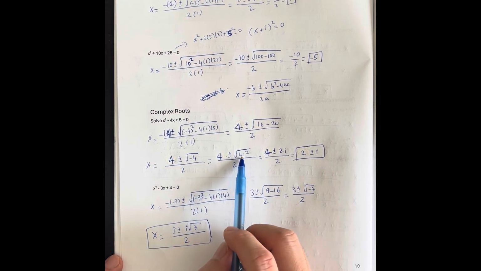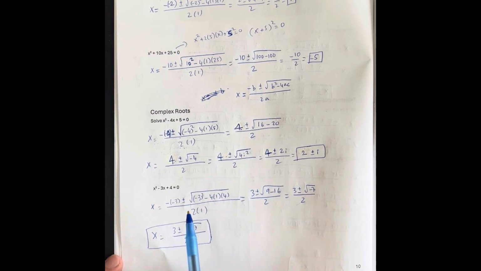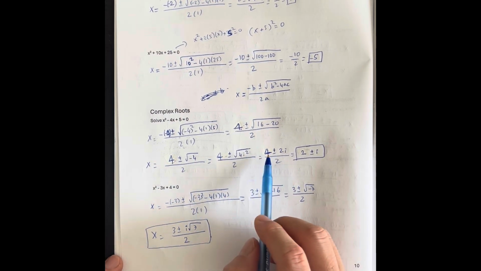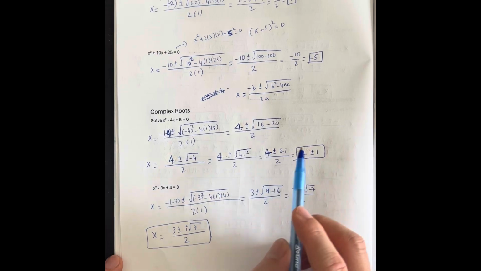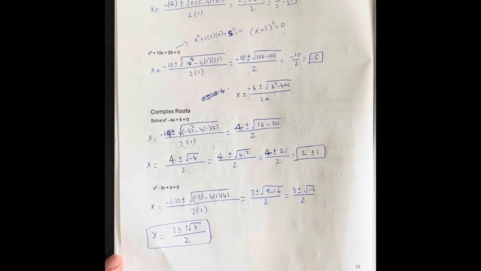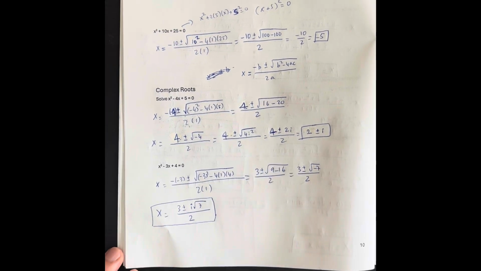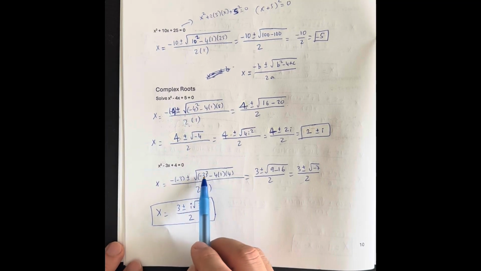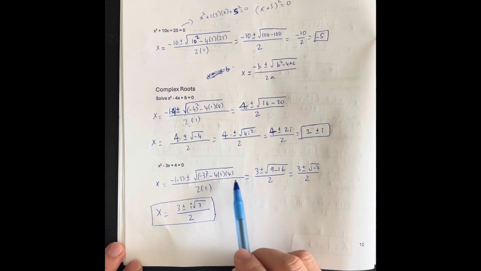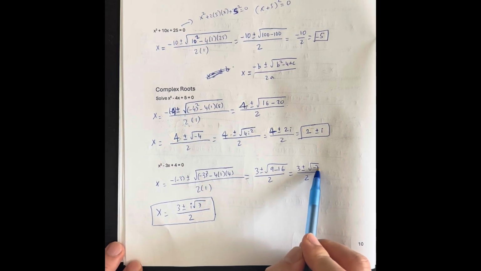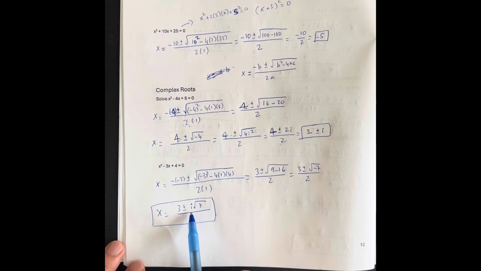So that's square root of 4 times i squared, which is 2i. So the result here is 4 plus or minus 2i over 2, and the result is 2 plus or minus i. Similar here, b squared minus 4ac, that's 9 minus 16, so negative 7. So that's i square root of 7.